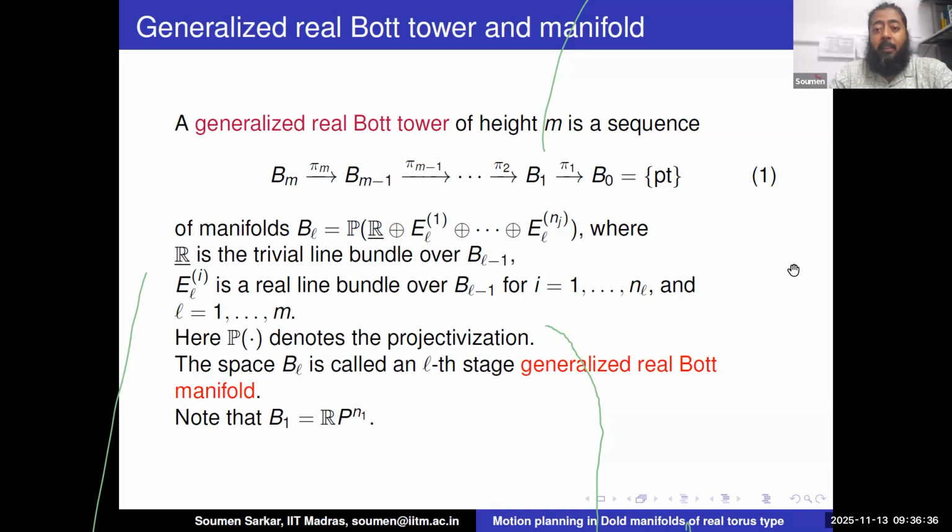It is called generalized because the real Bott manifold was a successive circle bundle over a point. This is not that new a species, but relatively new, and several properties are known. However, we don't know how to compute the exact value of the topological complexity. So I decided to look into it.